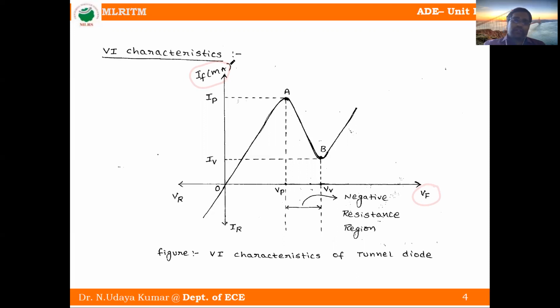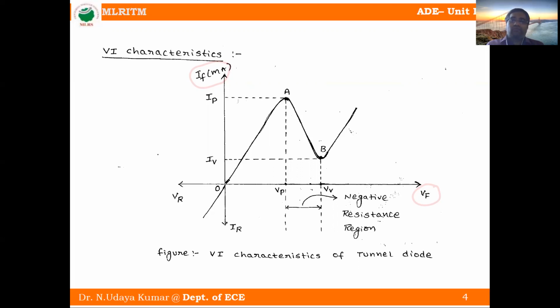Okay. So by seeing this graph, we observe that at 0 voltage, VF is equal to 0, so current IF is equal to 0.